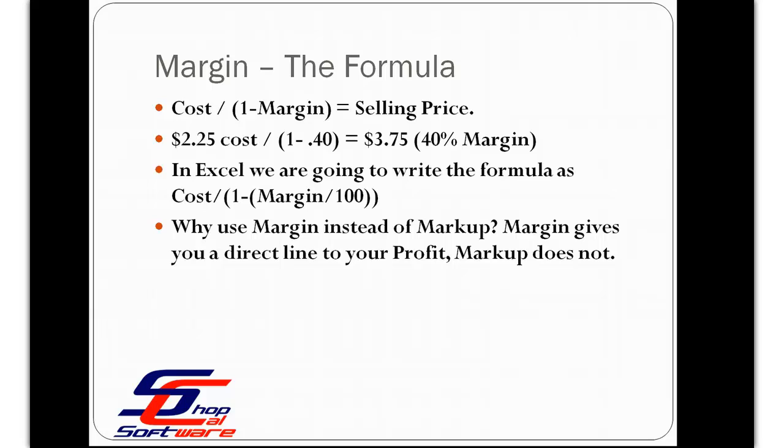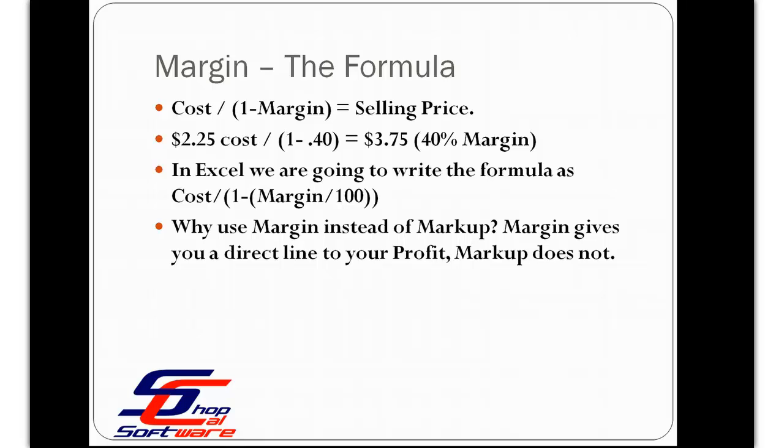So if we had an item that cost $2.25 and we wanted to get a 40% margin on it, our formula would be 2.25 divided by 1 minus 0.40, which would equal $3.75. So we would need to sell that $2.25 item for $3.75 to get a 40% profit margin.